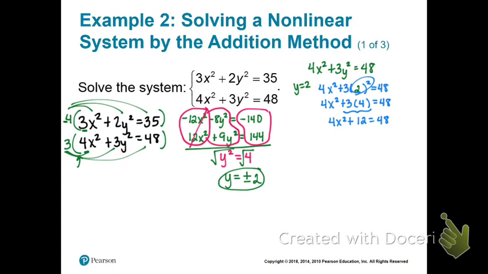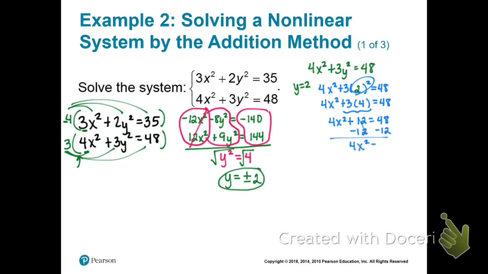And then let's just solve for x. What do we do now? All right, good. So we're going to subtract the 12.